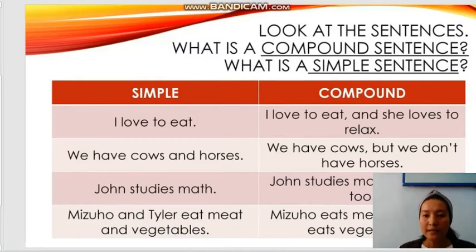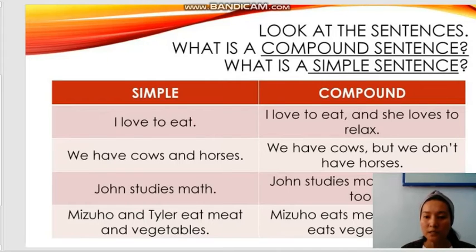Now look at the sentences. What is a compound sentence and what is a simple sentence? A simple sentence contains only one subject and one verb. For example, I love to eat. And let's look at the compound sentence. I love to eat and she loves to relax.